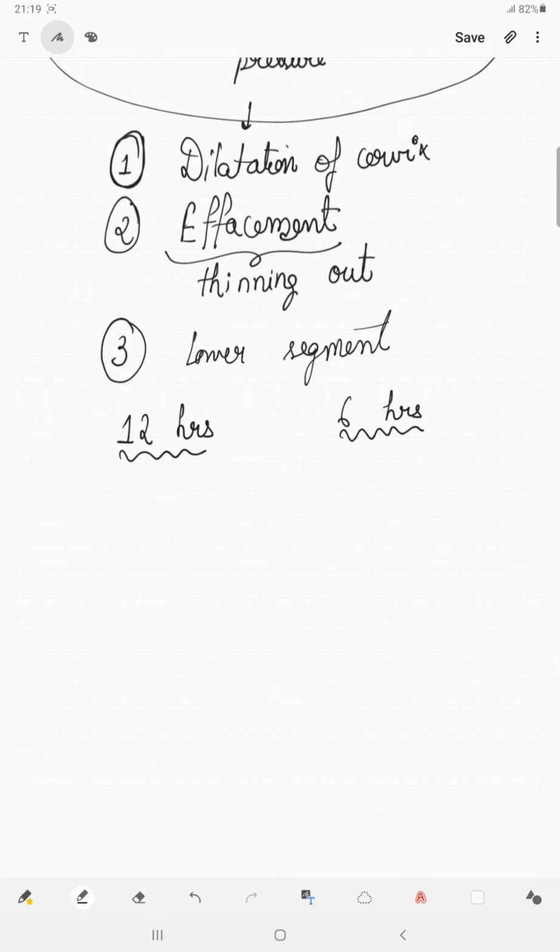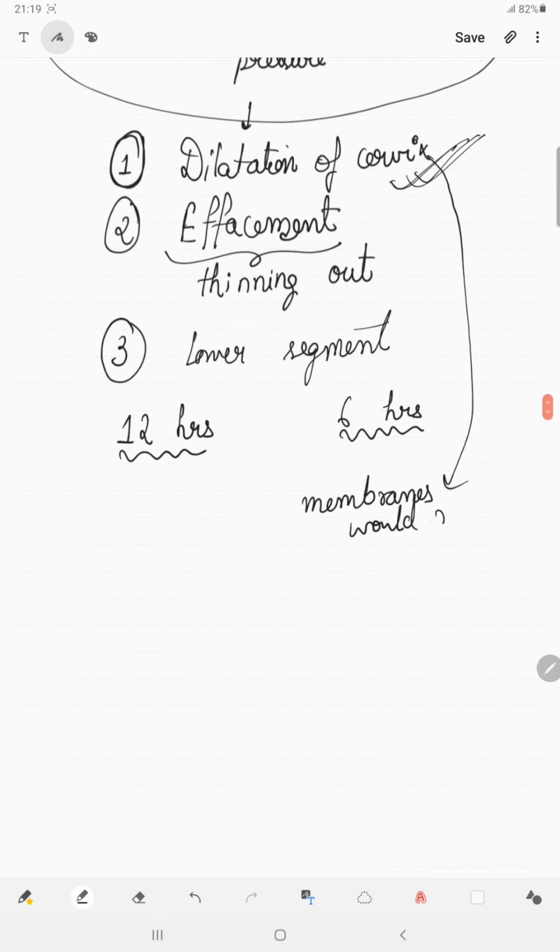Now I'd like you all to know that this dilatation of the cervix will occur, and then only the membranes would rupture. Okay, after the cervix is fully dilated, the membranes would rupture. If by chance these membranes rupture before the dilatation of the cervix, then what would I call it? I would call it an early rupture.